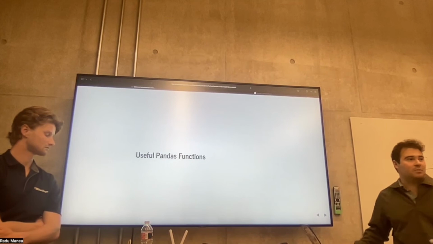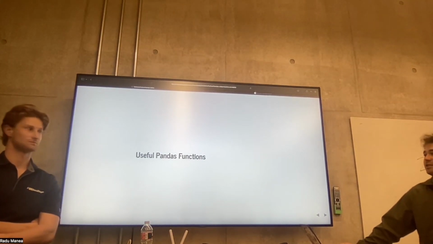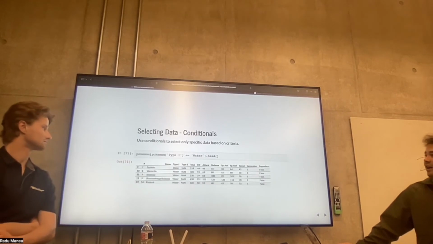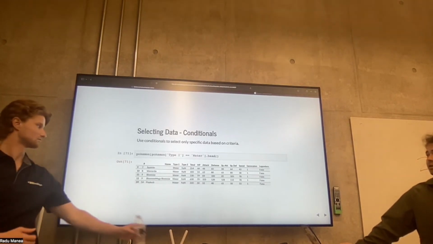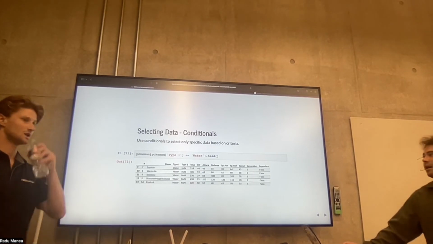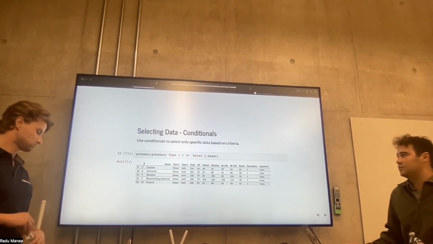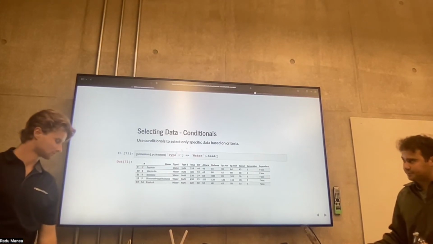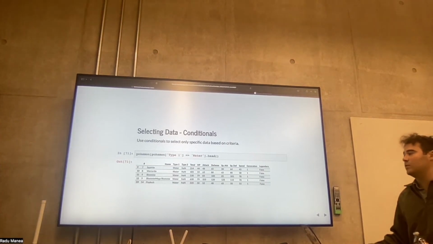Okay, so let's talk about some useful pandas functions. This is stuff that I probably use on a daily basis. For example, conditionals. This is always important when you want to get a subset of your data. So the same that we were talking about with regular Python conditionals, right? So let's say that we wanted all Pokemon that had a type 1 that was water.